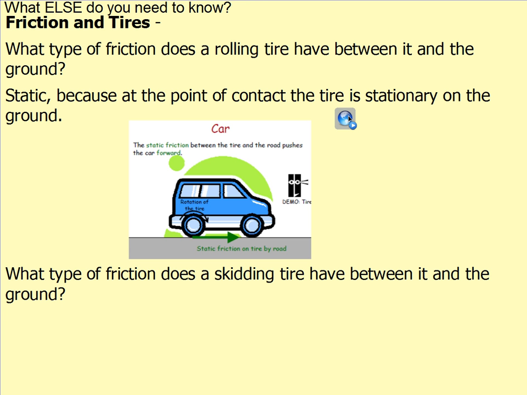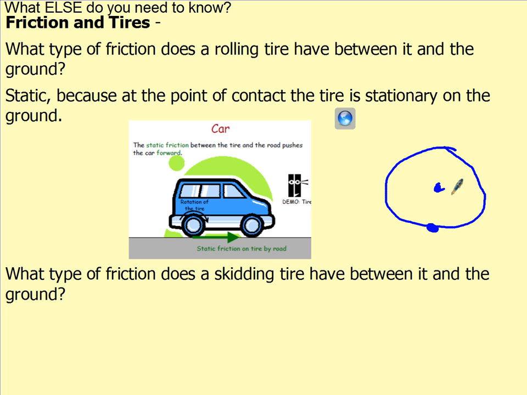It turns out it is static, because at the point of contact, instantaneously the tire has no velocity. Right where the rubber meets the road, the tire is instantly not moving.